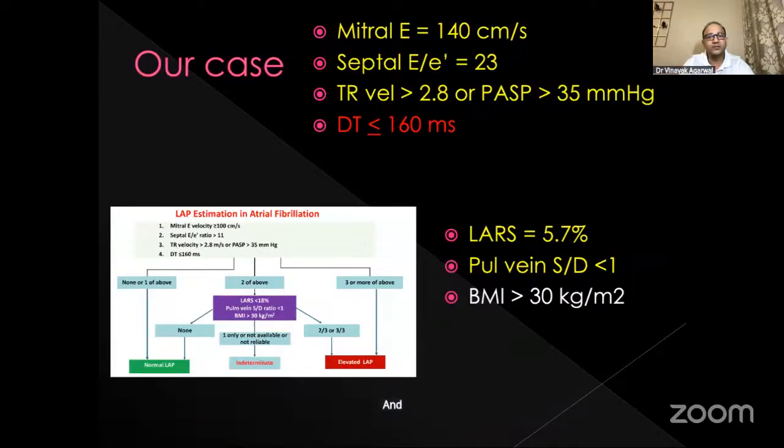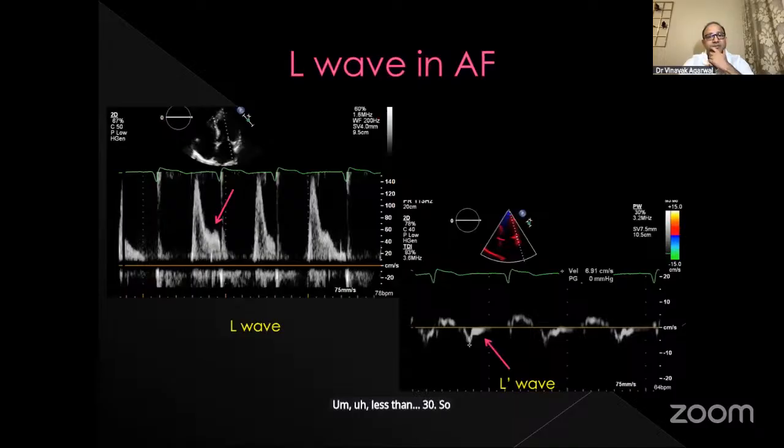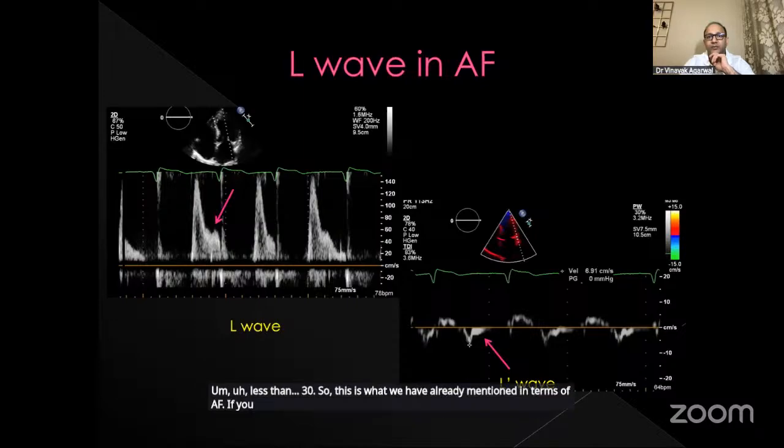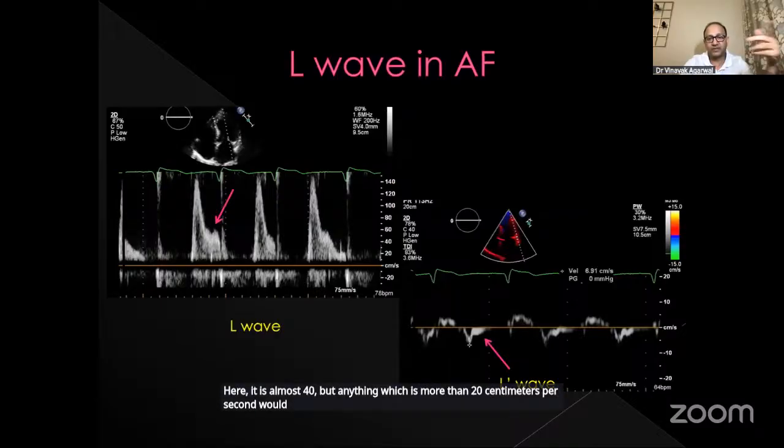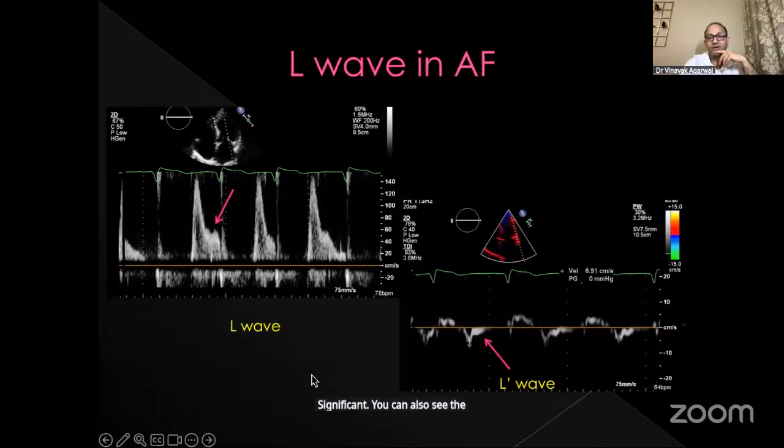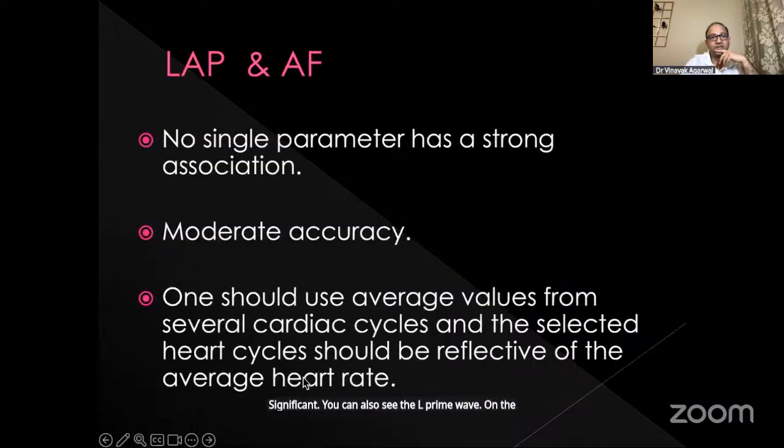And the BMI is the only thing which is missing, which is less than 30. So this is what we have already mentioned in terms of AF. If you have a standalone L wave, here it is almost 40, but anything more than 20 centimeters per second will be considered significant. You can also see the L prime wave on the tissue Doppler velocities.